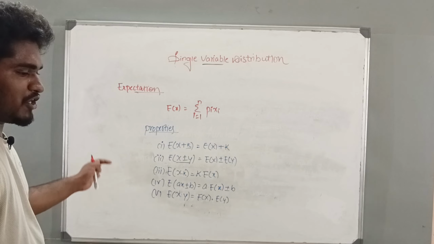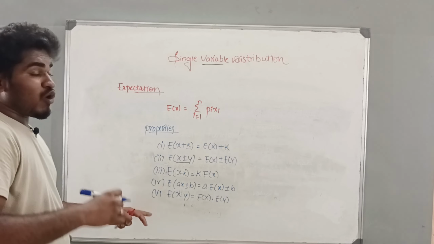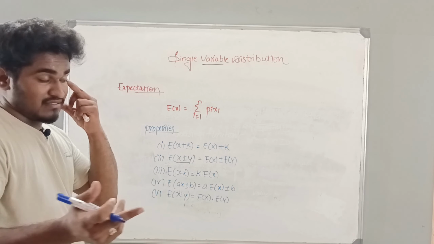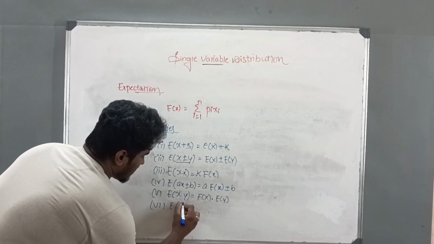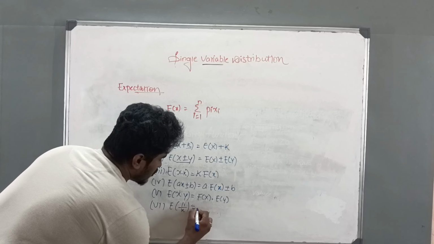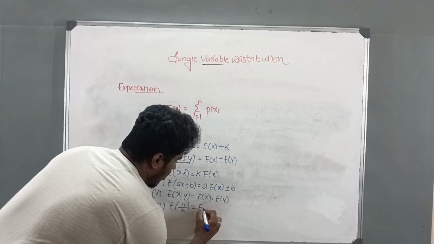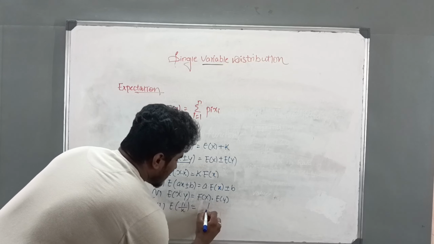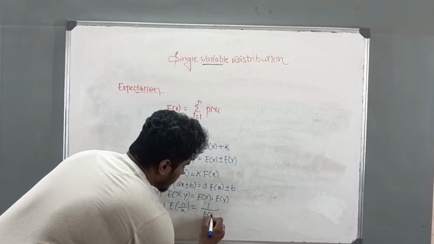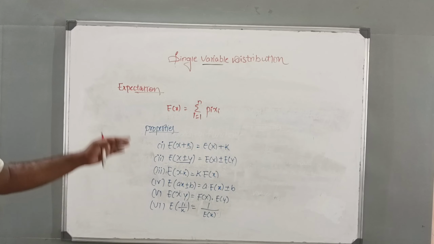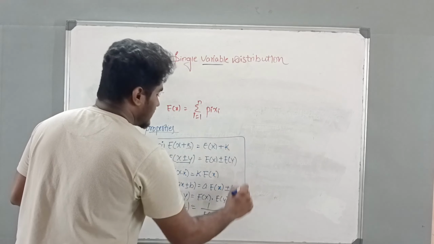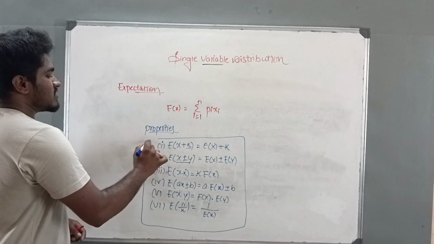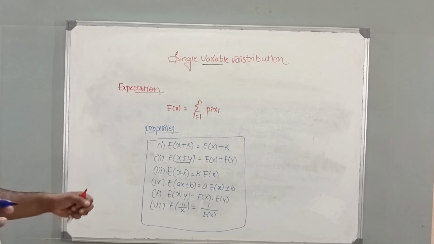This is how we compute it. And what if it is a fraction? Expected value of 1 by x is going to be 1 by expected value of x. This is how we compute whenever they are given any variables or any two data.